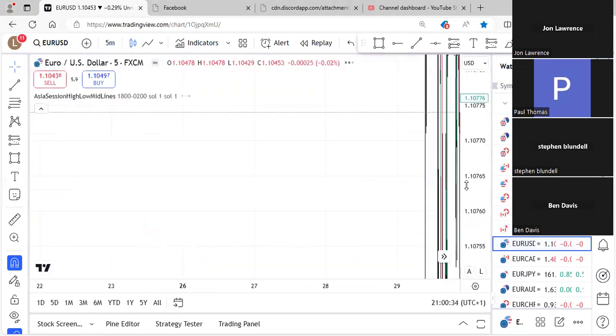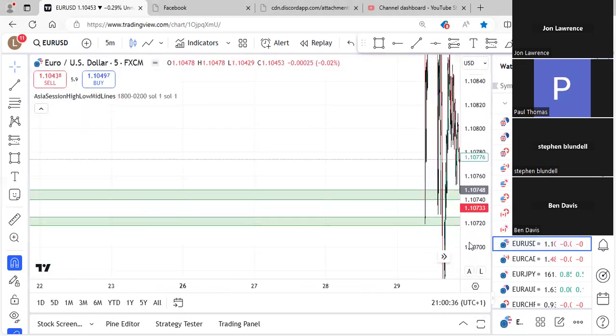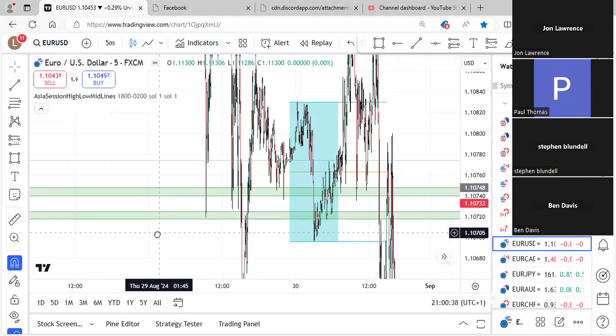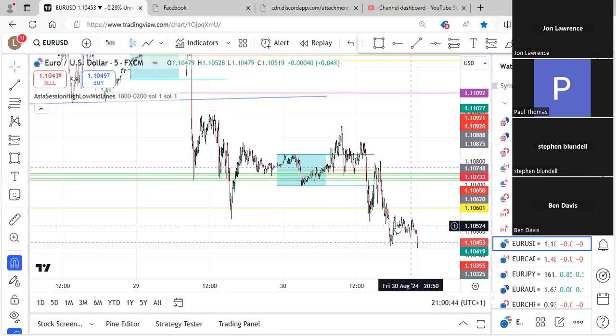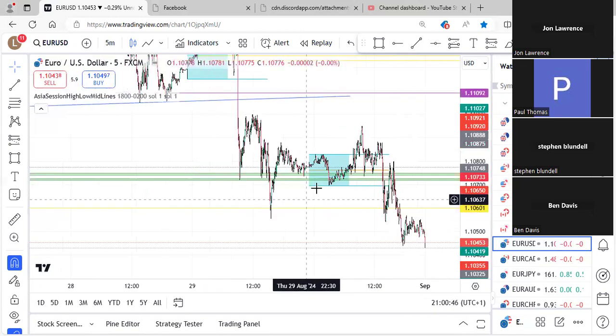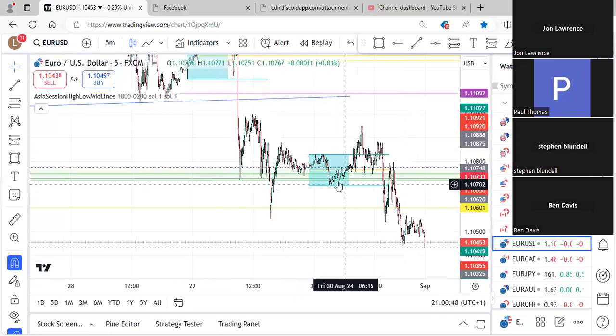But between EU, GU, I think a lot of people do it on gold as well, mate. I think Friday gold was a lot cleaner than the rest of them. As you can see here, it's taking the high, then taking the low, bearish conditions again.